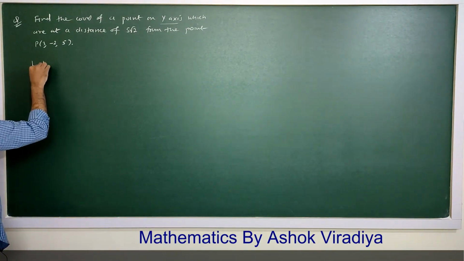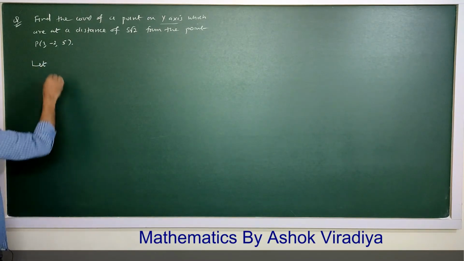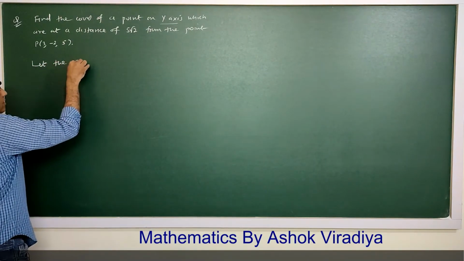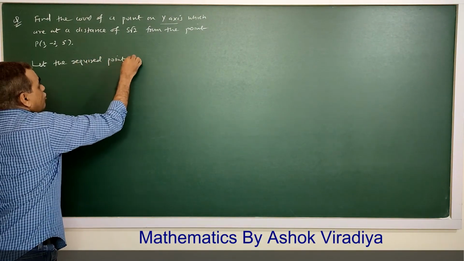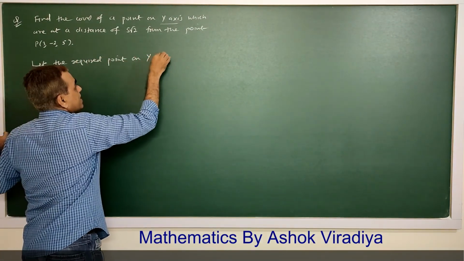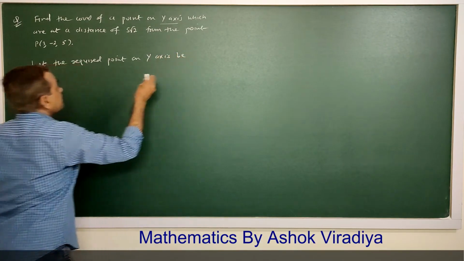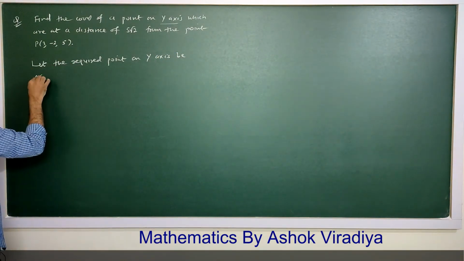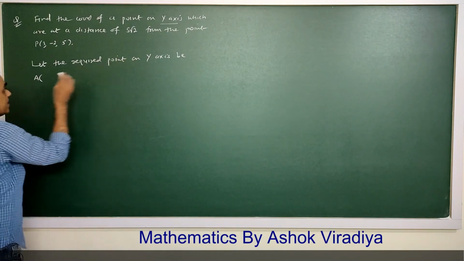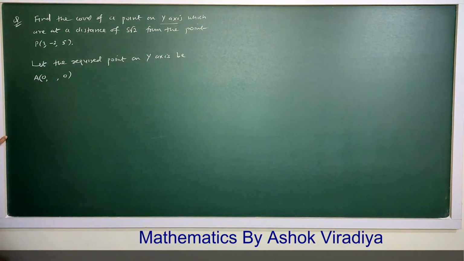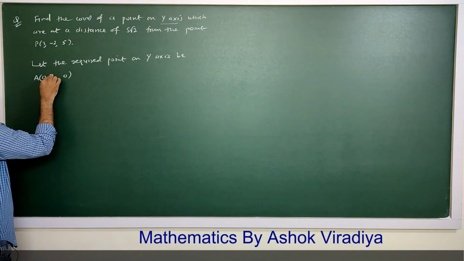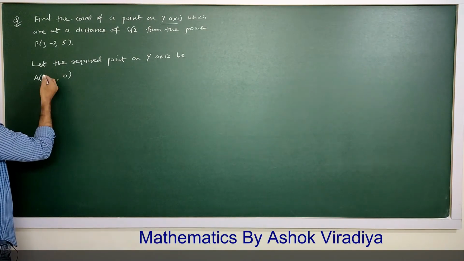So starting the solution, let the required point on y-axis be, let me say it is A, and because it is on y-axis, its x coordinate is 0 and z coordinate is 0.